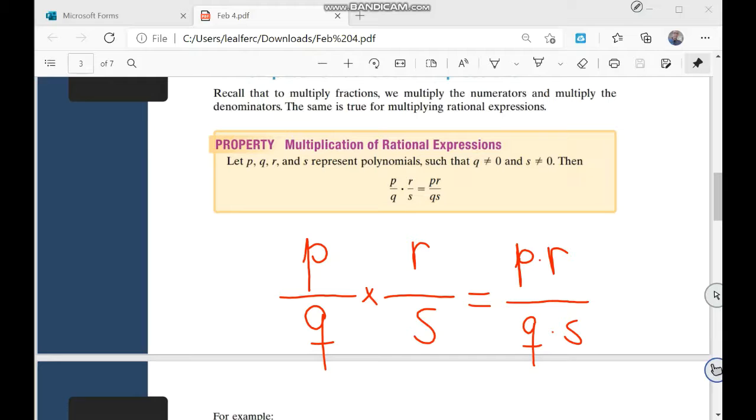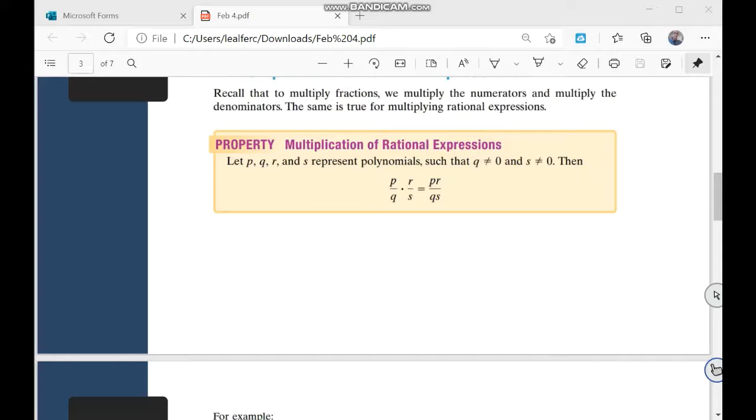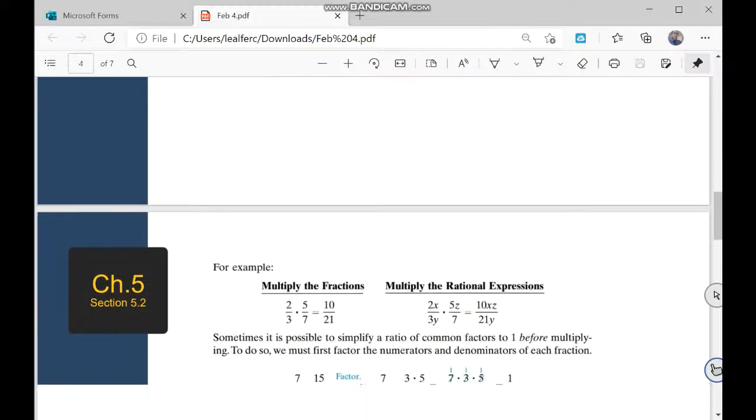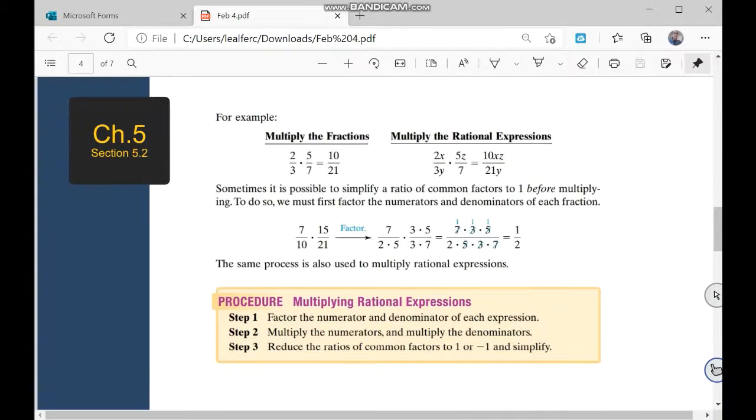If you remember, this is going to be pretty much the same process, the same step by step, if we have numbers, if we have fractions, right? So check this out. If we are multiplying 2 over 3 times 5 over 7, we multiply 2 times 5, 10, 3 times 7, 21, and the answer is 10 over 21, right? Same thing here.